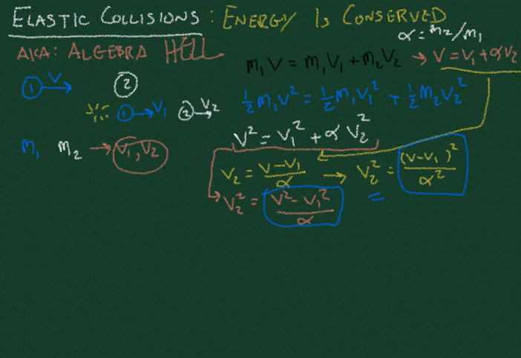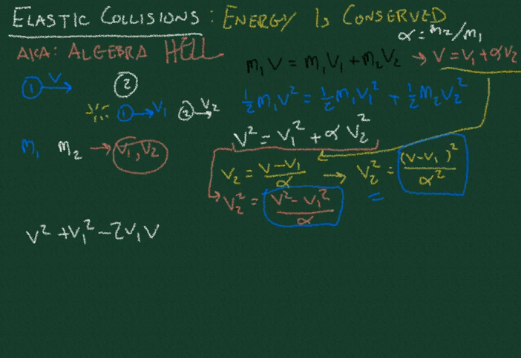We use conservation of momentum, we use conservation of energy, but now we really do find ourselves in this algebra hell of starting to have to solve these equations. And so we multiply by alpha, and we can rewrite this as v squared plus v1 squared minus 2 v1 v, so that's this term.